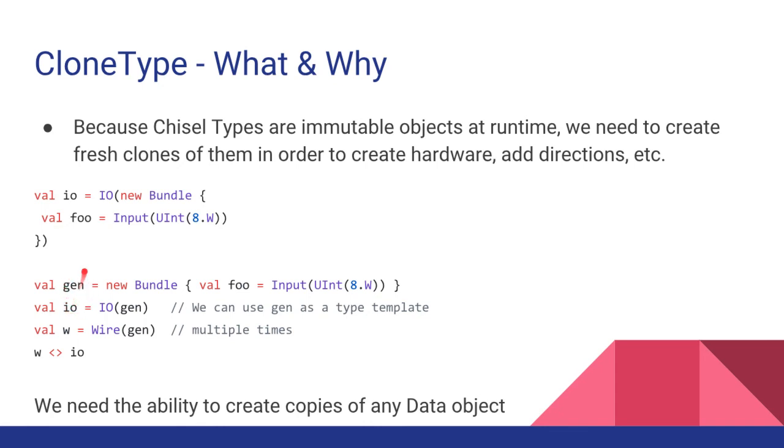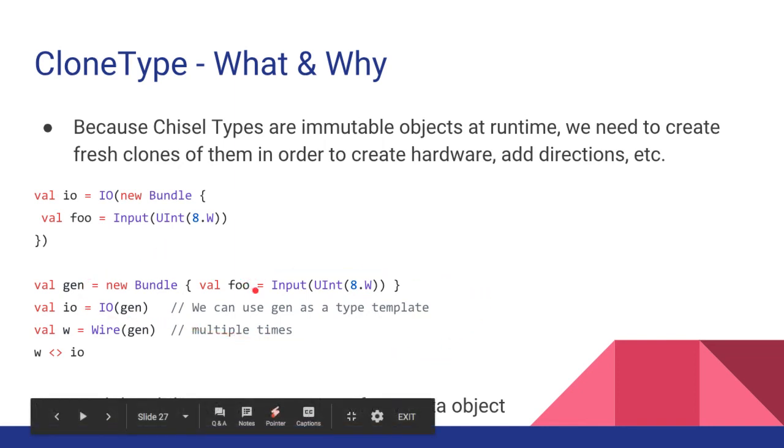IO is gen, but now we took that abstract type and said it is now the hardware IO of this module. So I have now constructed a port. That port is an aggregate type, a bundle with a single field in it. I can also construct a wire of the same type. So I can pass gen to Wire, and that lets me get val w.